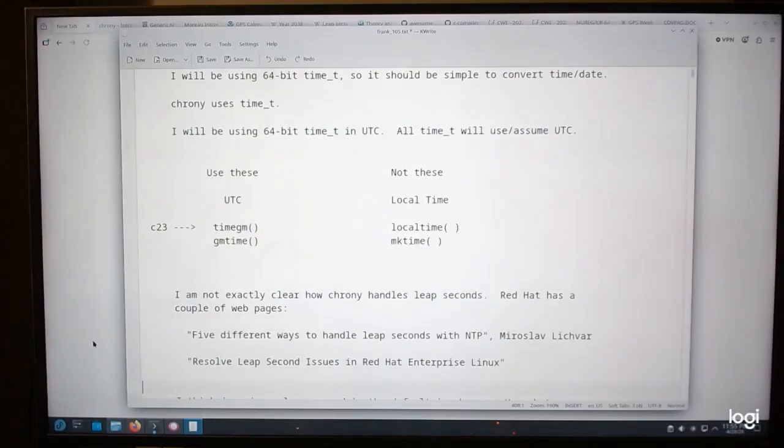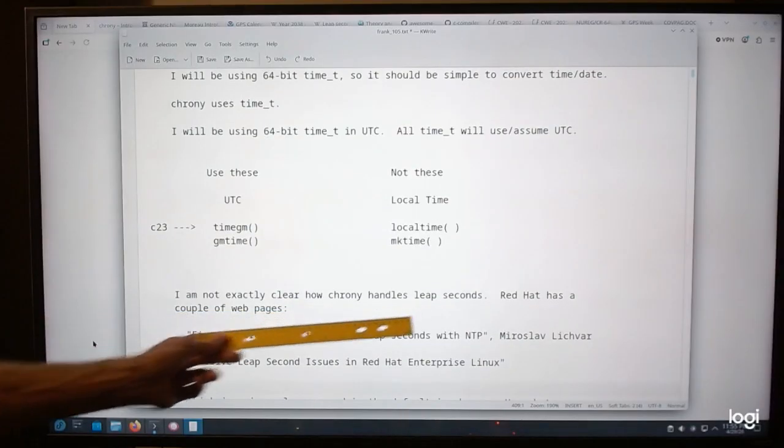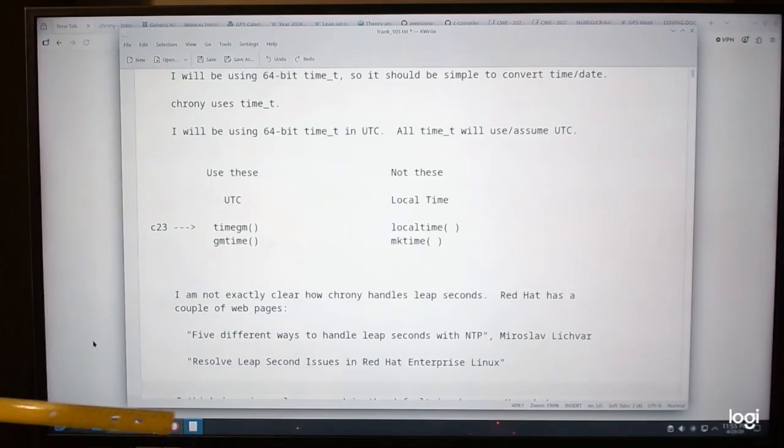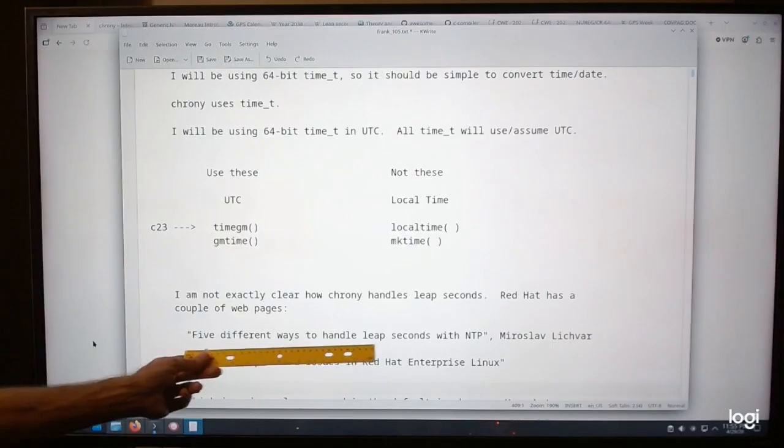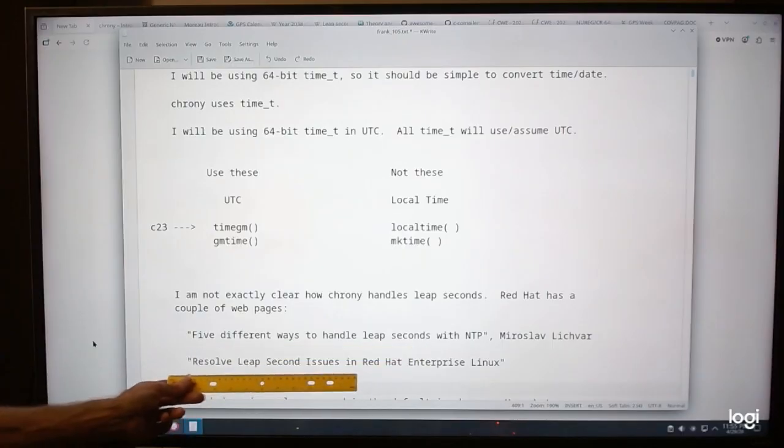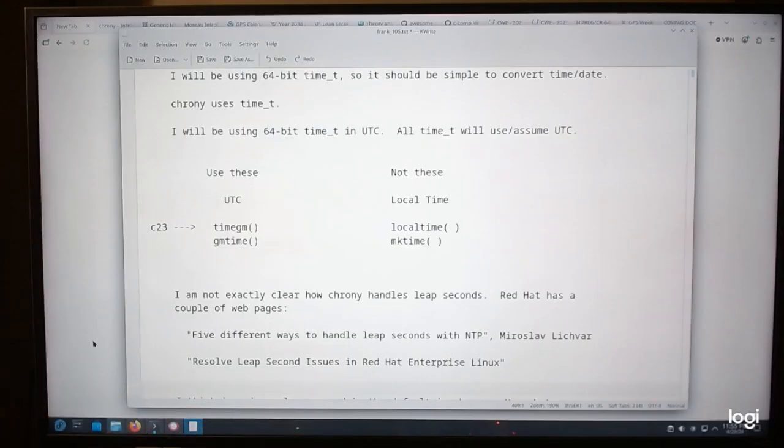Now I am not exactly clear how chrony handles those leap seconds. Red Hat has a couple of web pages. They've got 5 different ways to handle leap seconds, and then there's another one right there.